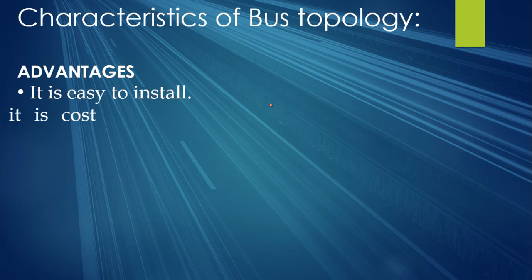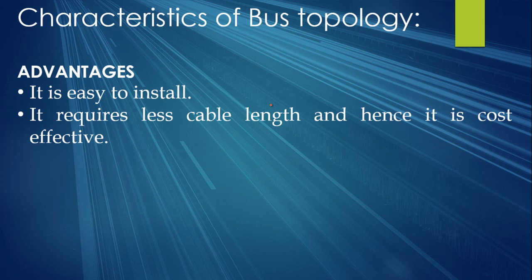So it is very easy to install. It requires less cable length and hence it is cost effective. A single cable is laid down throughout the room, company or office, and all the systems are connected to that single cable only. That's why it requires less cable length.